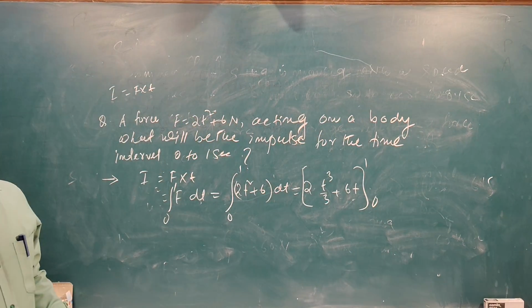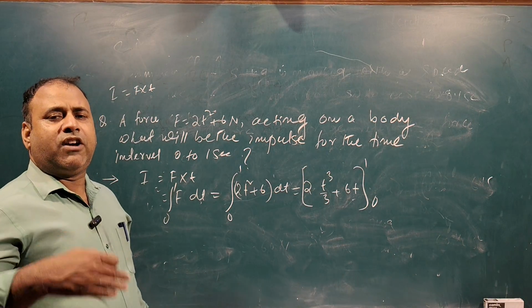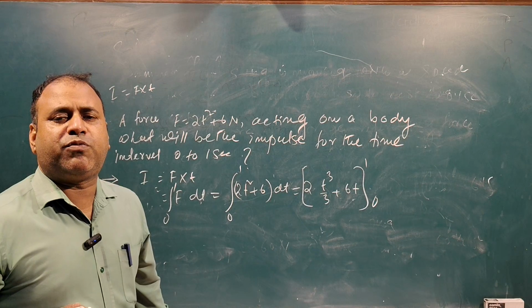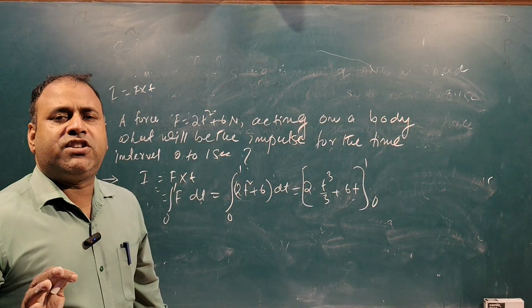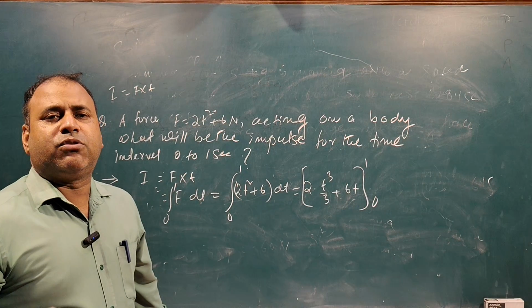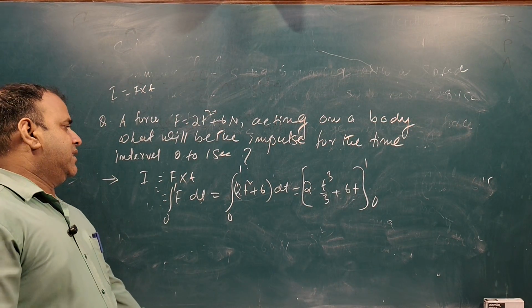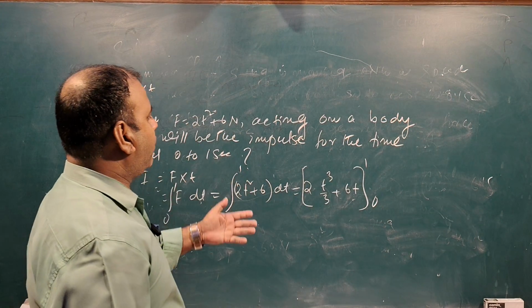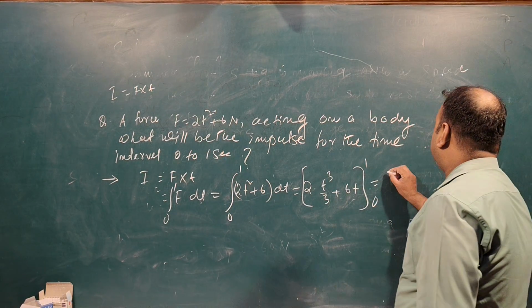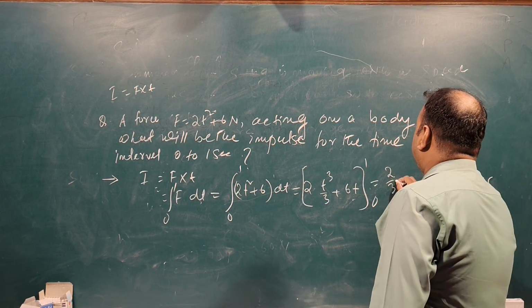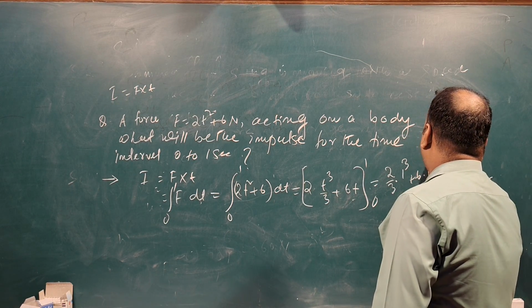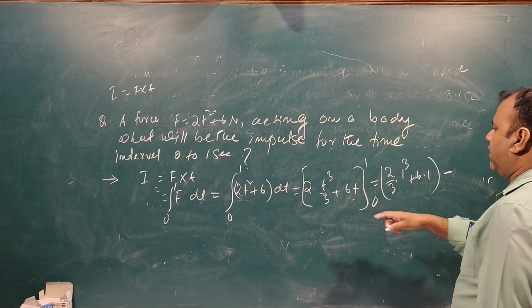That is why, all the students, you have to check the previous class in which I discussed the basics of physics: differentiation, vectors, and integration. You have to check all that. According to the rule of integration, this can be written as 2/3 into 1³ + 6 into 1, minus the terms at 0, which is 0.